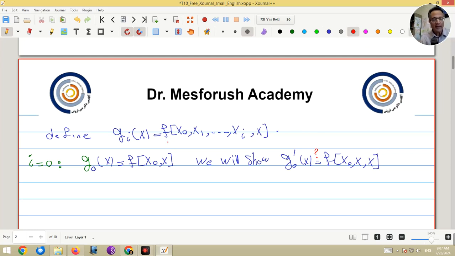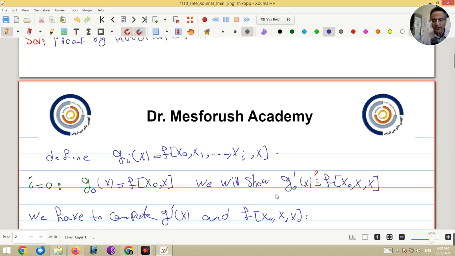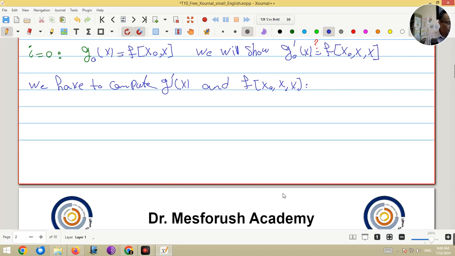First, I have to compute f of x0 and x, and then differentiate with respect to x, and then I have to compute f of x0, x and x, and these two terms should be equal. We have to compute g prime of x and f of x0, x and x.